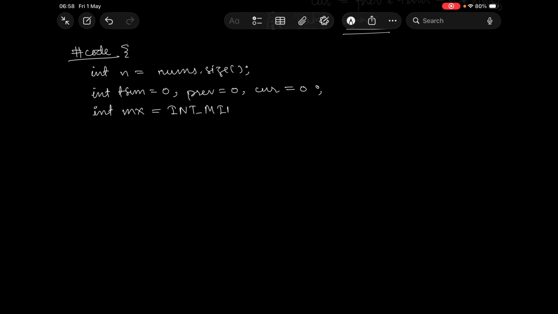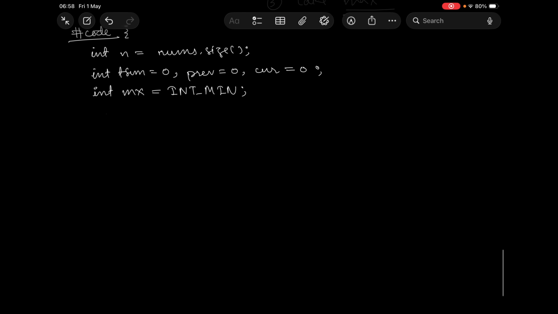Now we will iterate in this array to calculate the previous value beforehand. Basically, we are calculating f of 0. So it will go from 0 till i less than n, i plus plus, and previous plus equal to i into nums of i. So this is how the previous will look like.